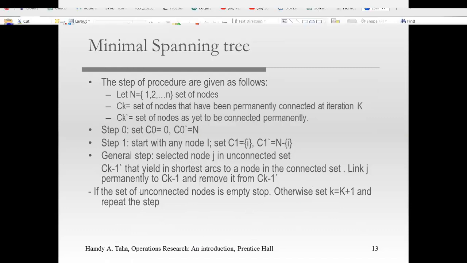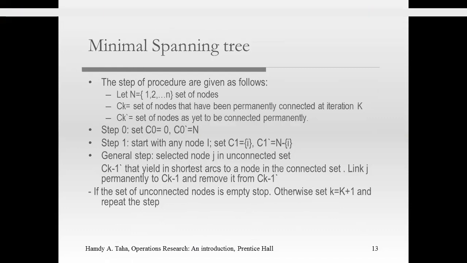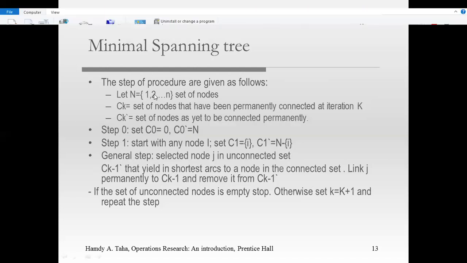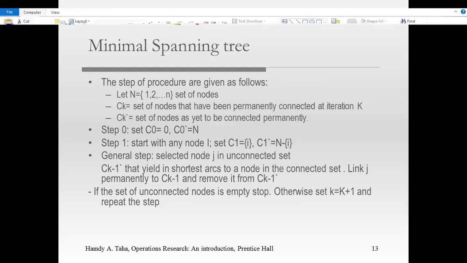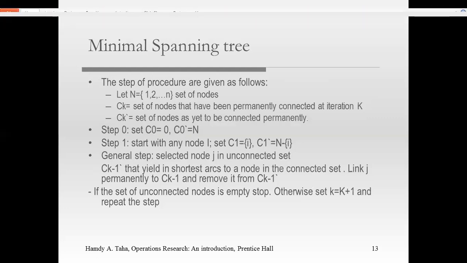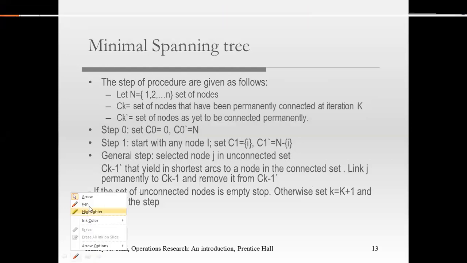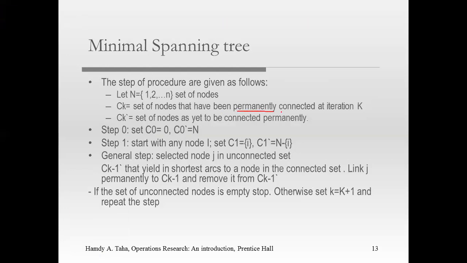You can see from the slide there. First is N. N capital refers to the set of nodes. And then C_k refers to the set of nodes that have been permanently connected at iteration k.